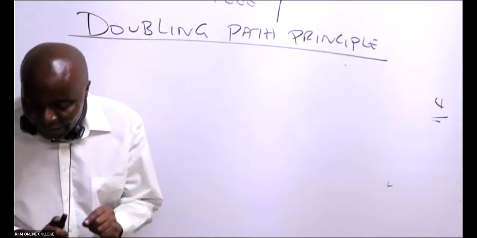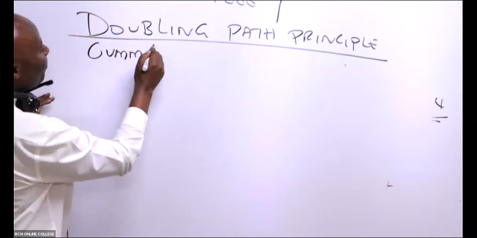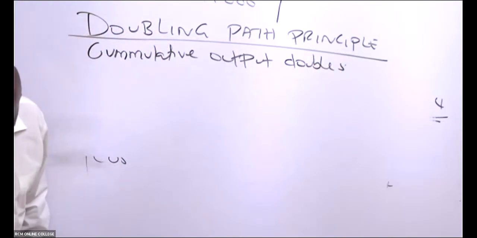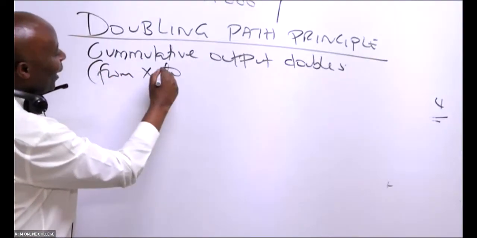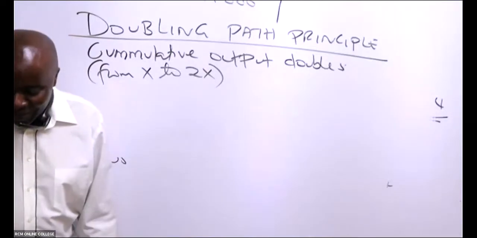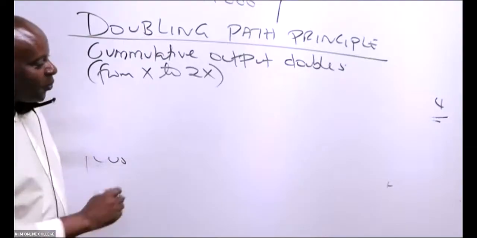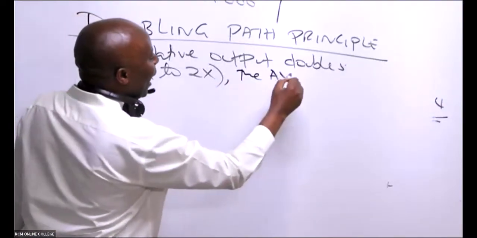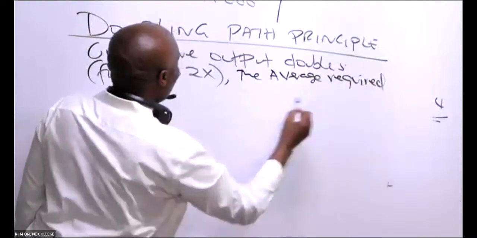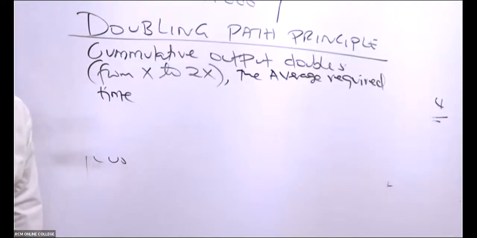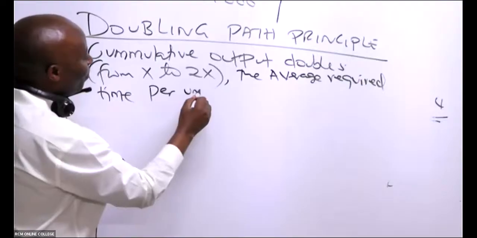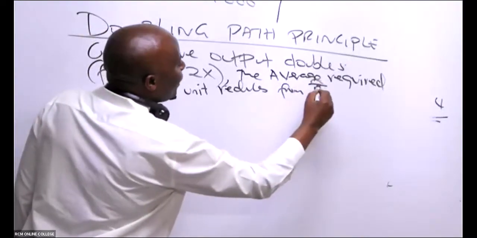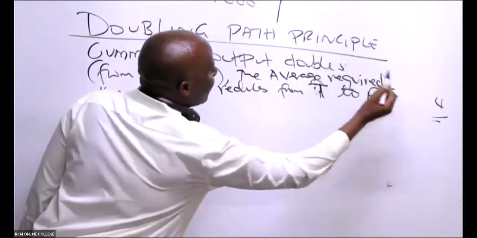states that each time cumulative output doubles, from X to 2X, the average required time per unit reduces from T to RT, like that.